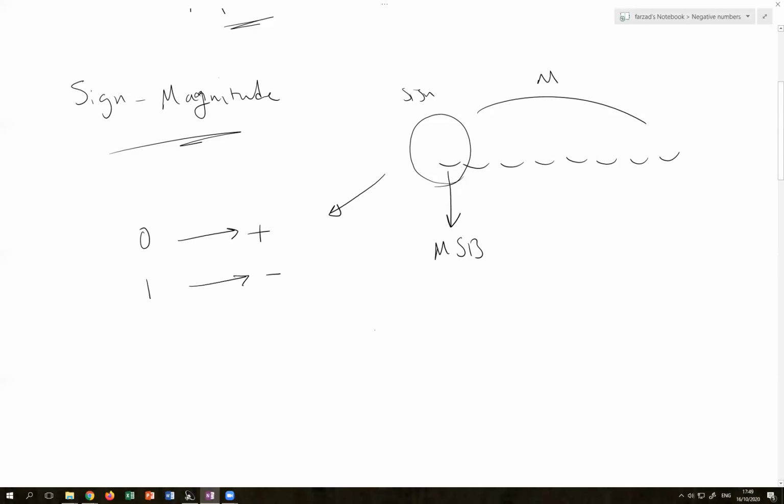So, for example, if I have 1 0 0 0 0 0 1 0, we look at the first bit as the sign and the rest as the magnitude. This number is negative, and the magnitude is 2, so this is minus 2.